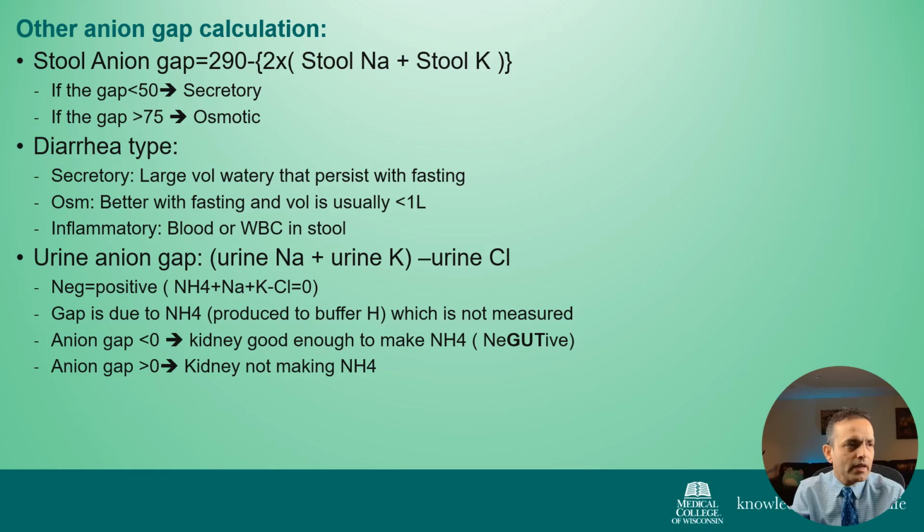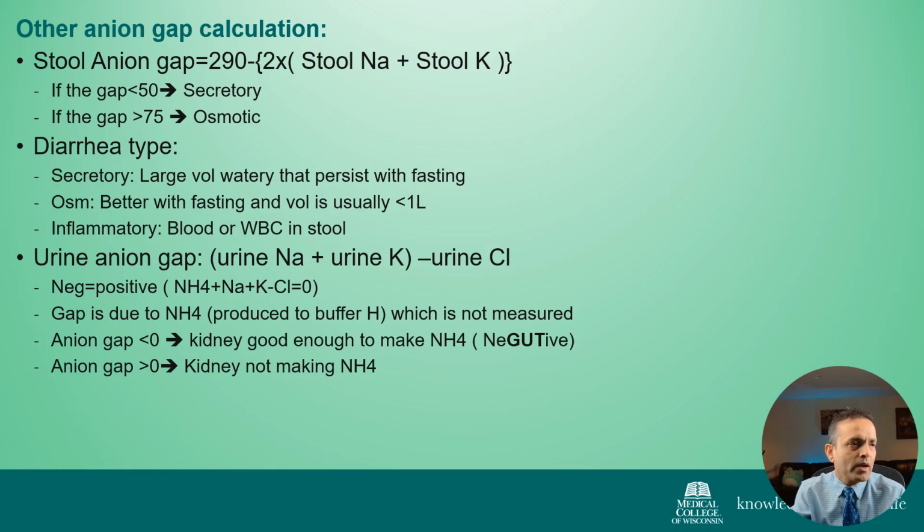So an anion gap of urine less than 0, negative, that means the kidney is good enough to make ammonium. On the other hand, a positive anion gap means the kidney is not making ammonium.